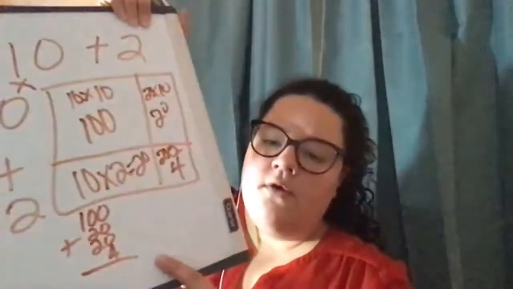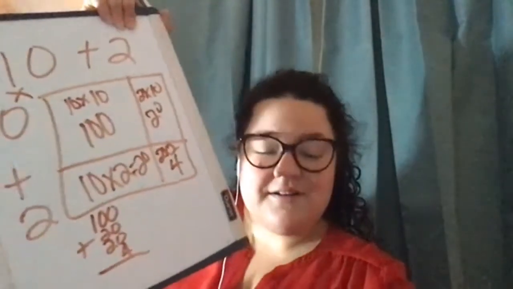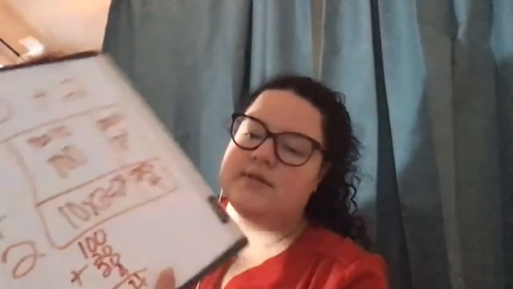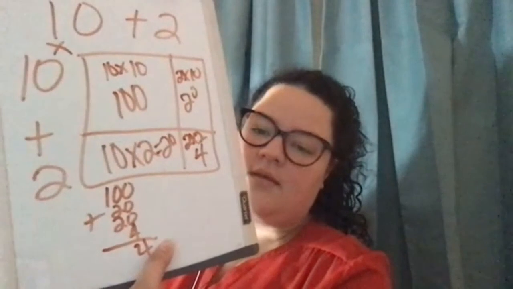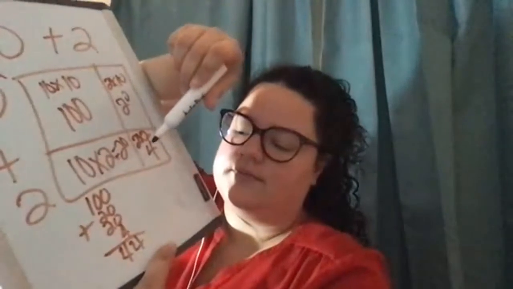Our 100 plus 20 plus 20 plus 4. 4 plus 0 plus 0 plus 0 is 4. 2 plus 2 plus 0, 4. And then our 1. We just bring that one down. 144 inches, but let's check with our standard algorithm.